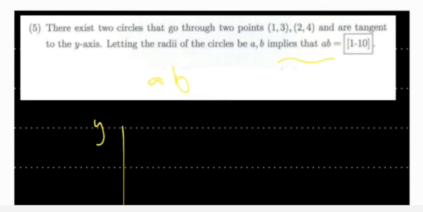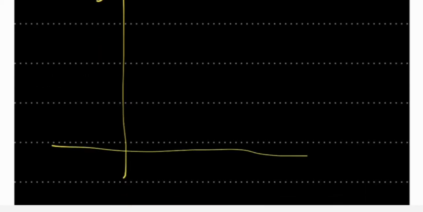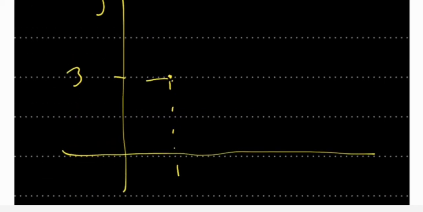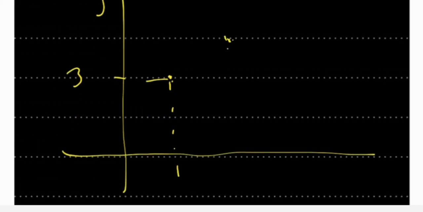So what do we need to solve? Well, the information that he gave us is that if this was the y-axis, our circle is tangent, and it's not just tangent, it passes through the point (1, 3). So let's say this point over here is (1, 3), and this point over here is (2, 4).